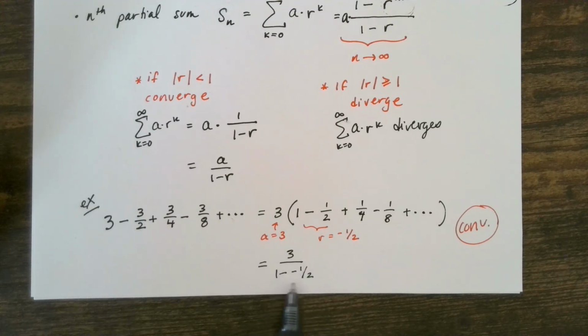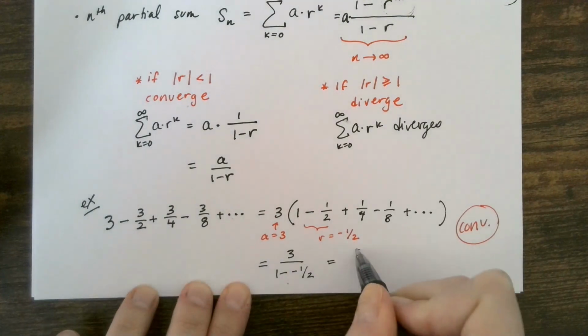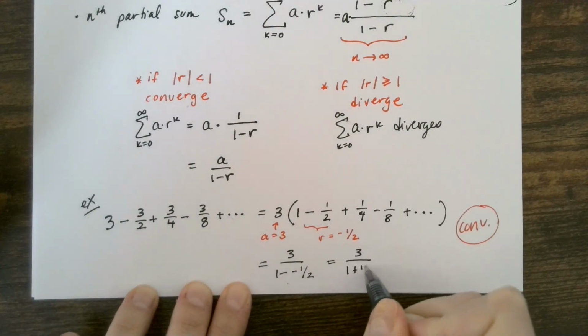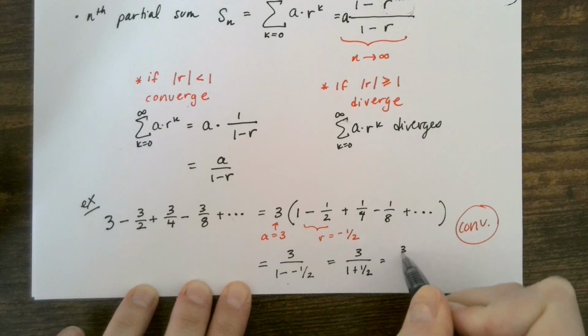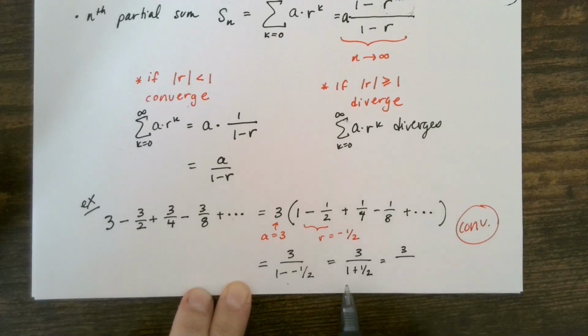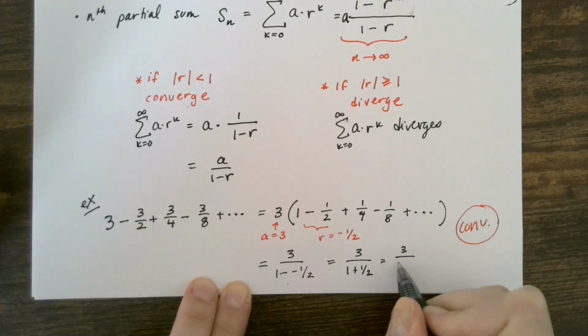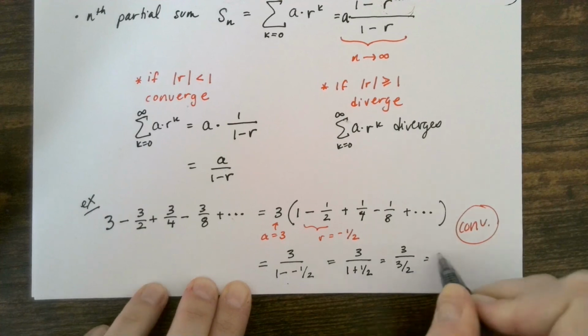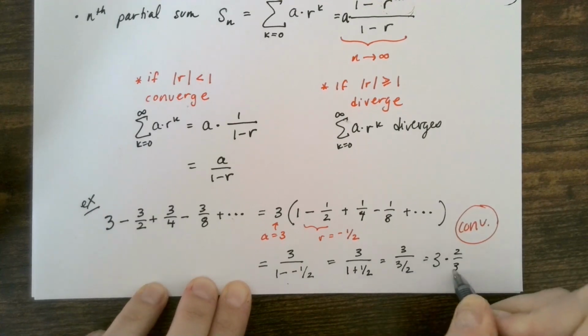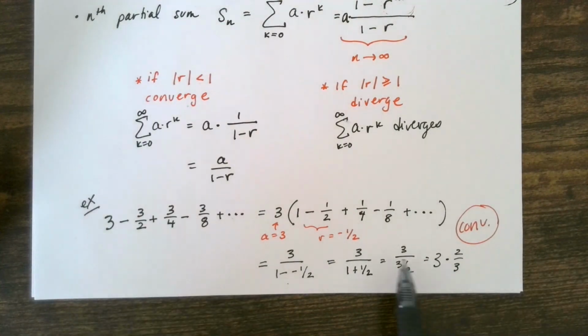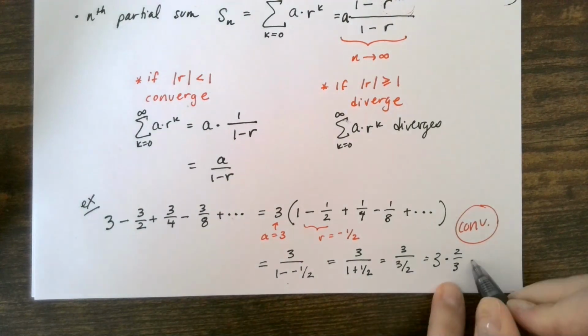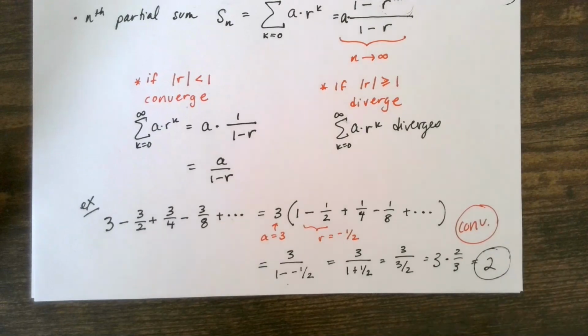In my denominator I actually have 1 plus 1/2. So that's 3 over 2 over 2 plus 1 over 2, which is 3 over 3/2. That's 3 times 2/3, I'm just multiplying by the reciprocal of that denominator. Nicely, the 3's cancel, and what I get is exactly 2.